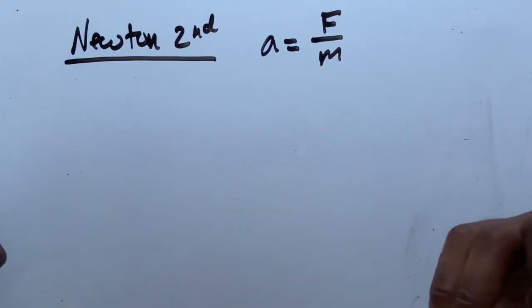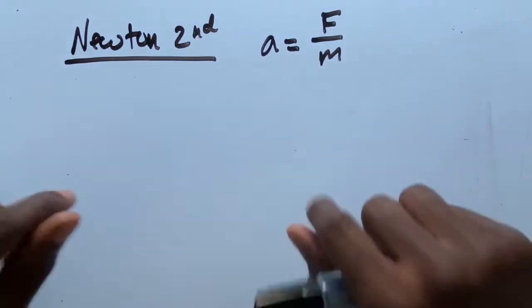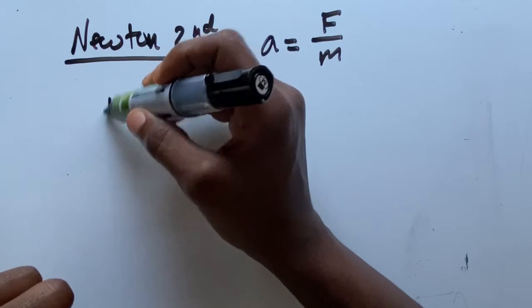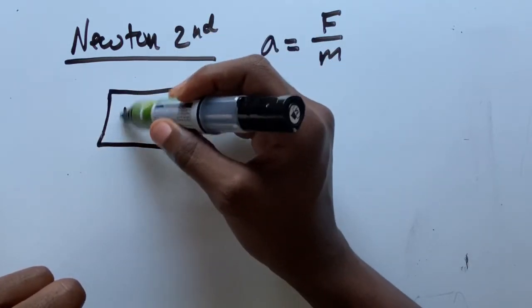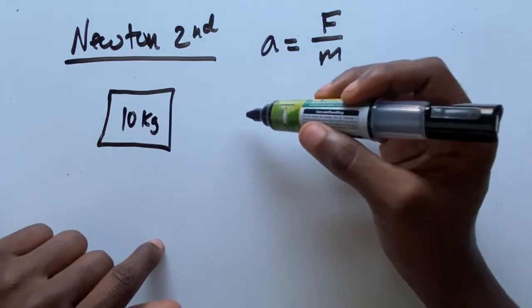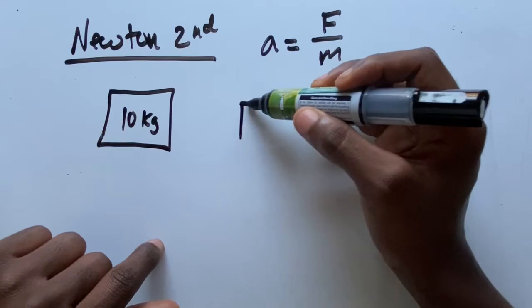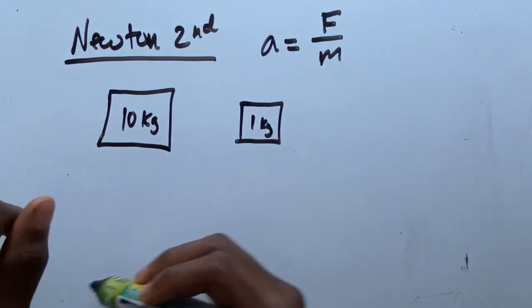So we already talked about how if we drop 2 objects of different mass, so let's say we have this object here, and it has a mass of 10 kilograms. And then say we have this other object over here, a smaller one. This one has a mass of 1 kilogram. Here's the ground.